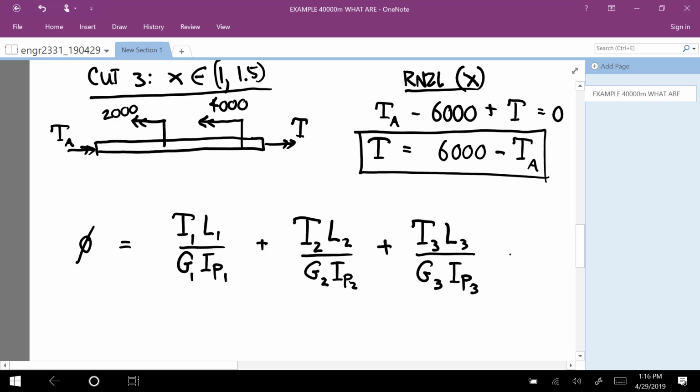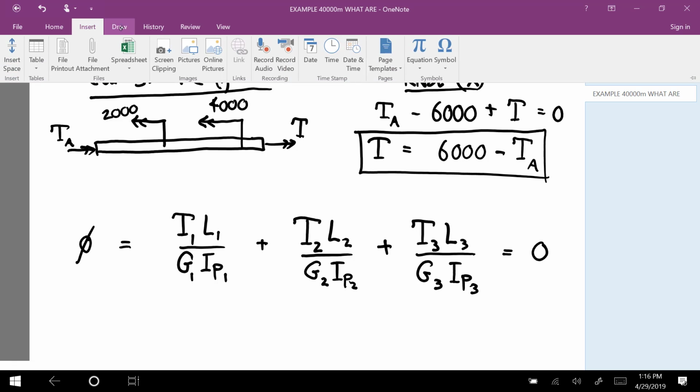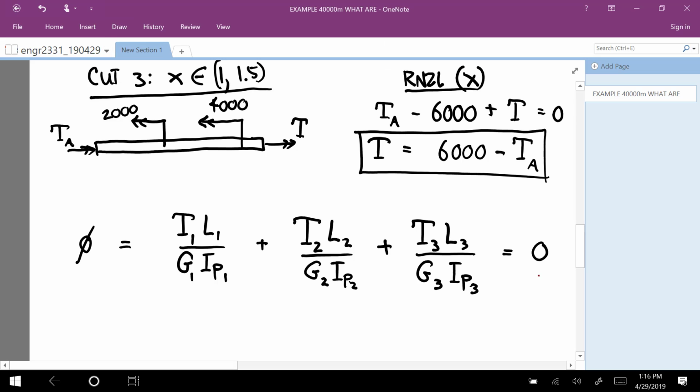And the sum of these has to be equal to 0 because the fixed joints don't allow rotation.